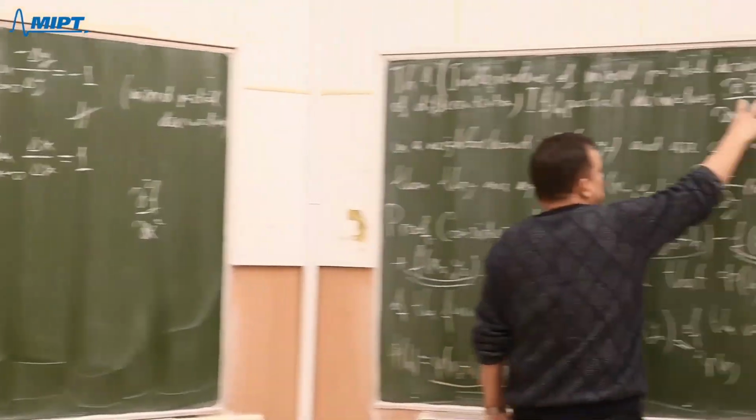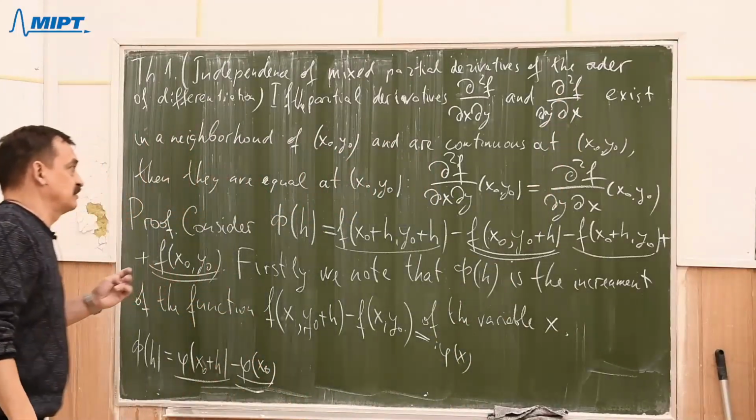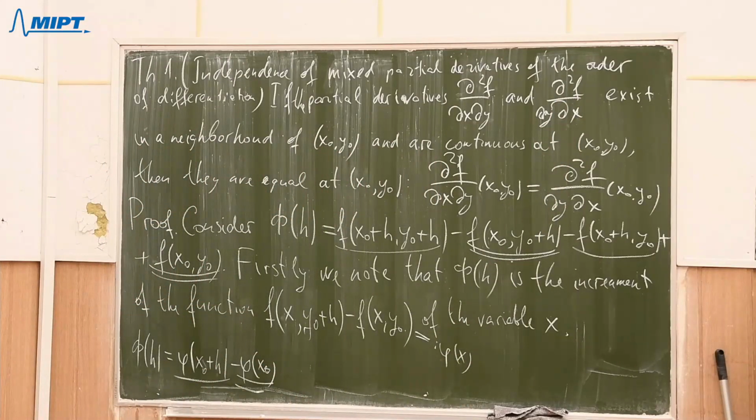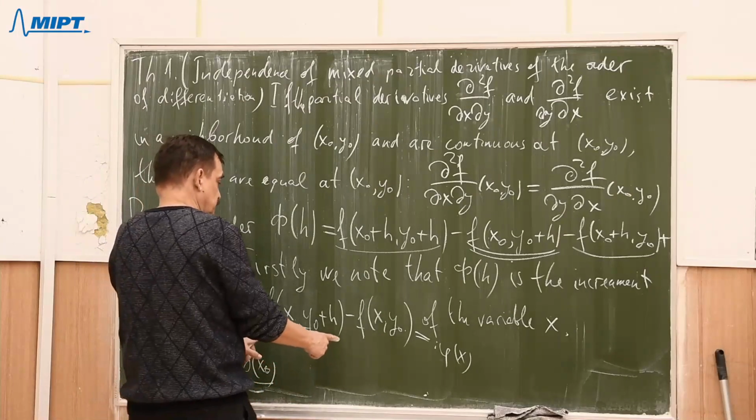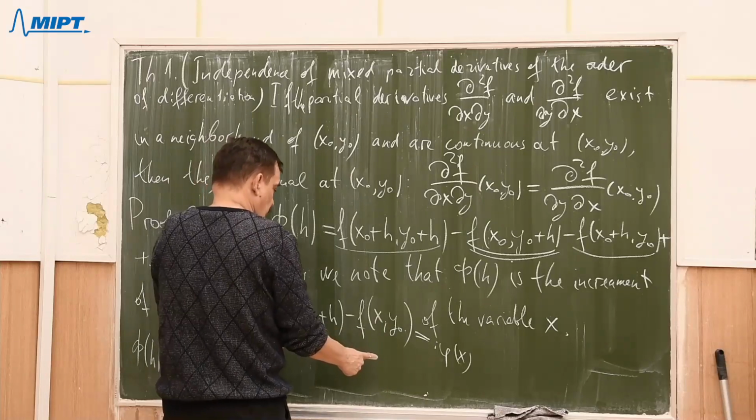So the partial derivative with respect to one variable, doesn't matter with respect to both x or y, exists also in a neighborhood. So look, what about the derivative of phi?